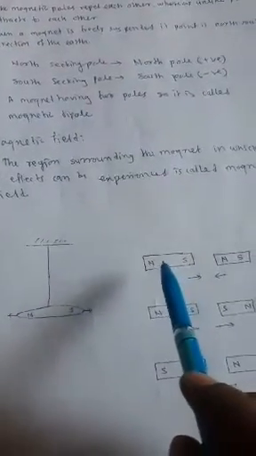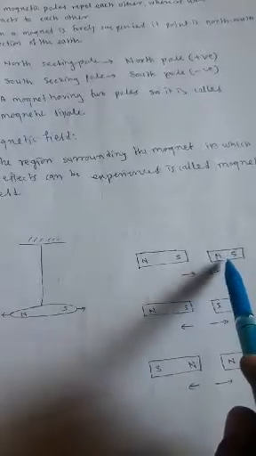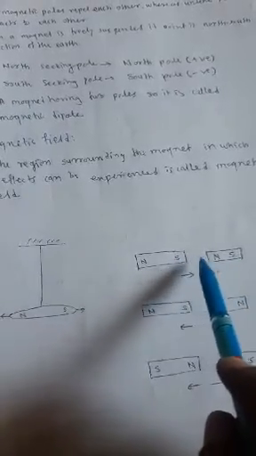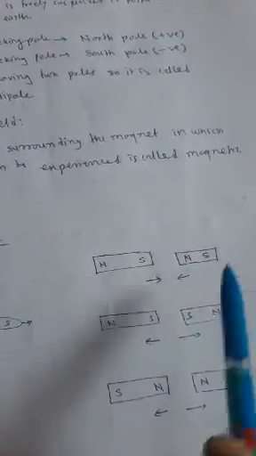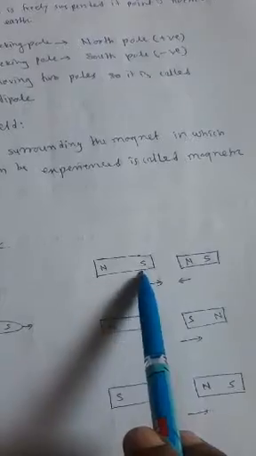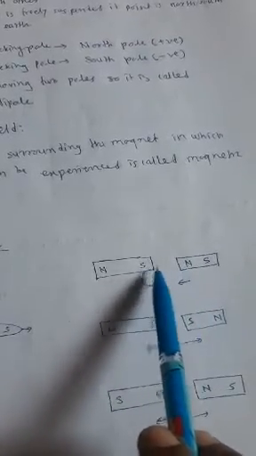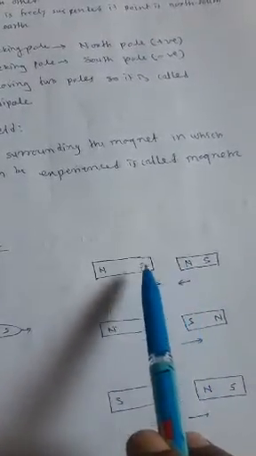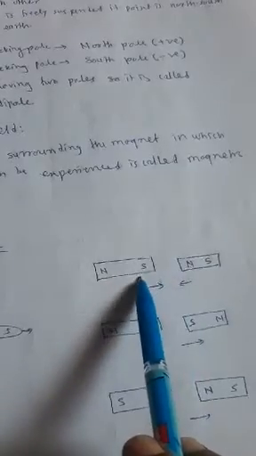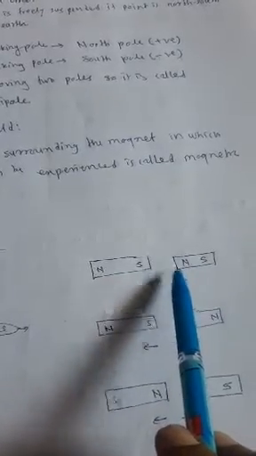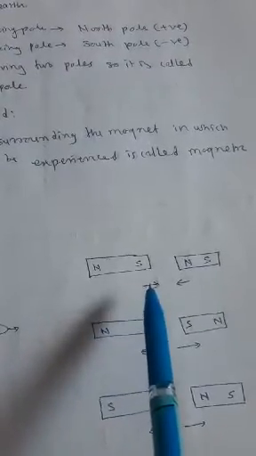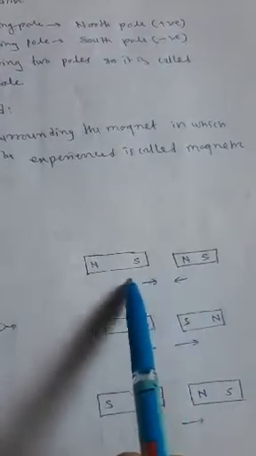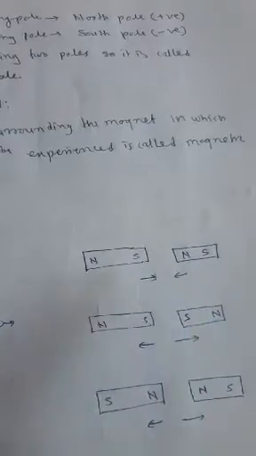Now, take two bar magnets and place them on a table such that the unlike poles are near each other, meaning the S pole of the first magnet and the north pole of the second magnet. It is found that these two magnets attract each other.